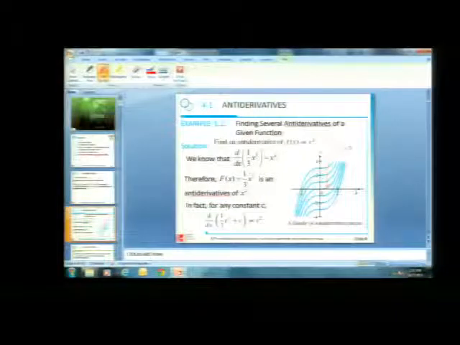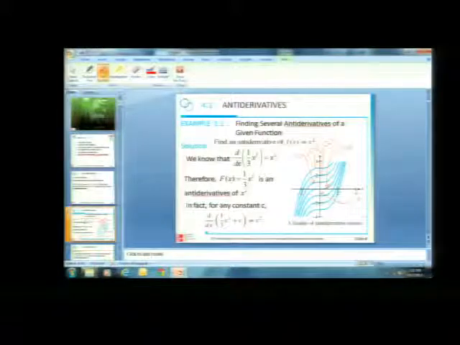The blue curve going through the origin is actually 1/3 x cubed. This one corresponds to c equal to 1, this one c equal to 2, this one c equal to 3, the other one c equal to -1, and so on.